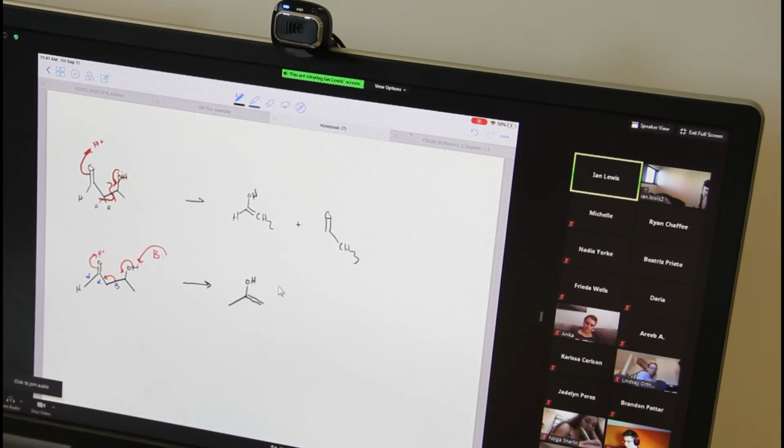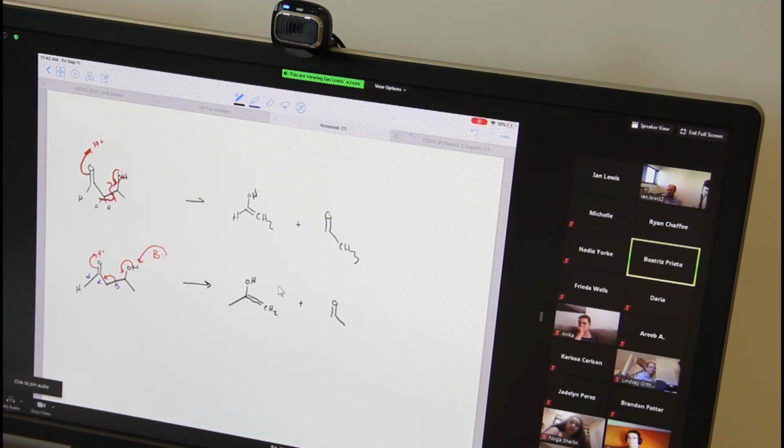So this is just drawn in the same orientation as the slide deck. We can put our CH2 there, right? And then we'll have our aldehyde and our CH3 group on the end. Does that example make sense to people? Yep. Yeah.